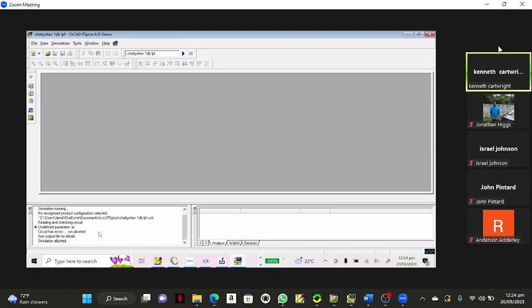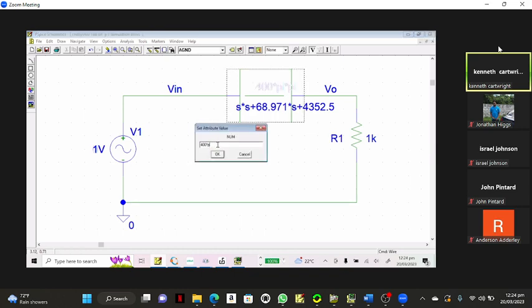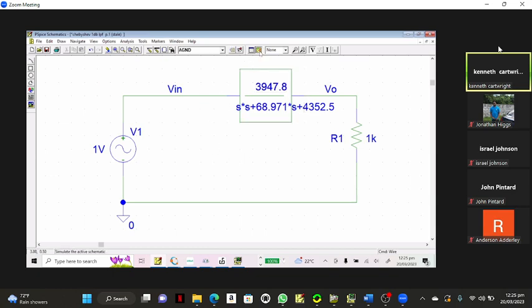See my error right here? All right, so the top then becomes 400 times pi times pi, so 3947.8. Okay. Let's try that again.